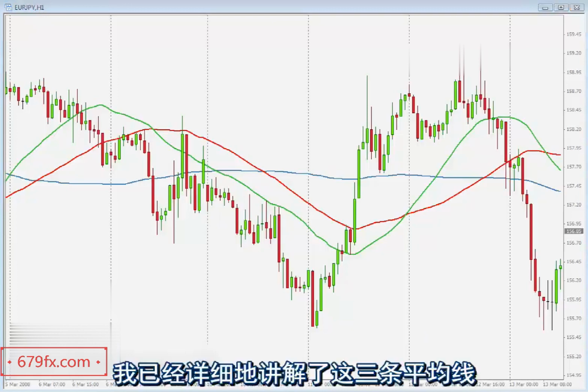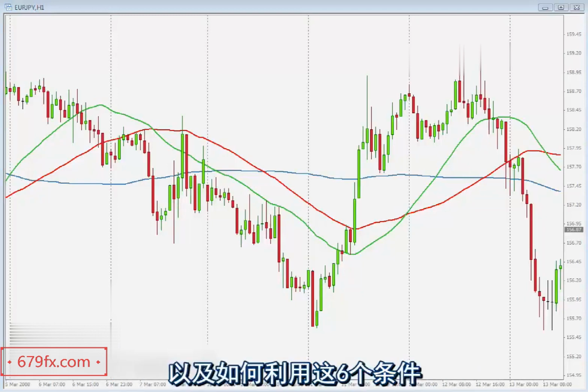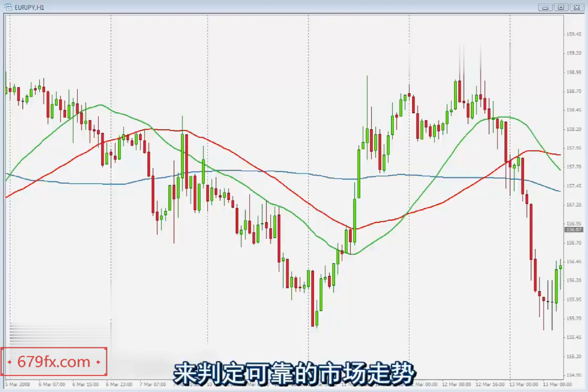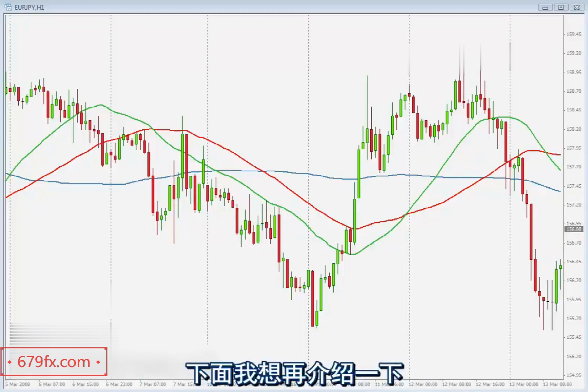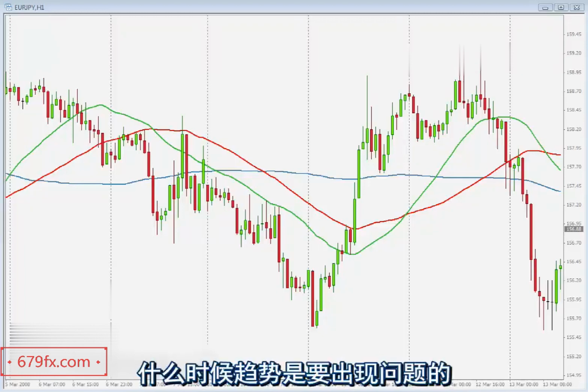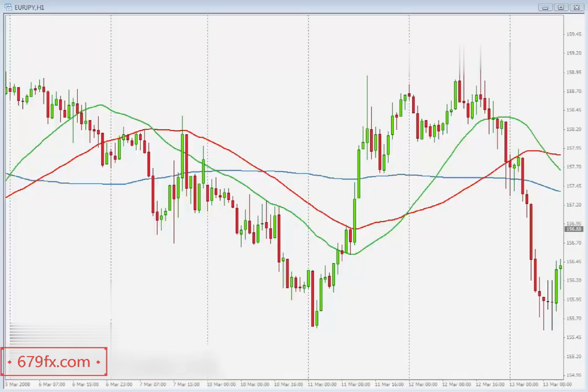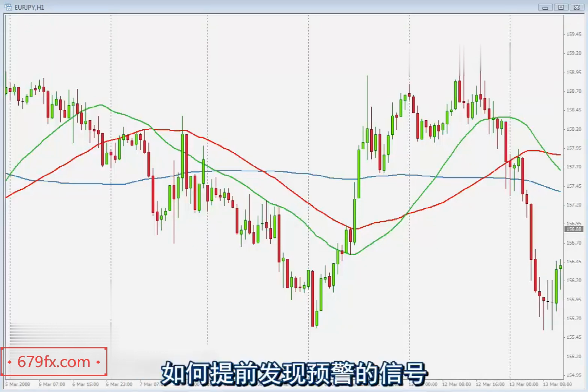All right, now, I've already talked about those 3 simple moving averages, and especially how those 6 conditions can help us determine the health of a trend, how solid the trend is, etc. But now I want to show you how to realize in advance when the trend is about to get in trouble.